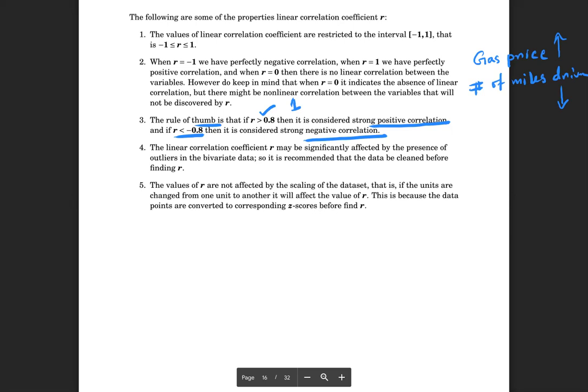On the other hand, if the gas price goes down, the number of miles you drive goes up. So these two variables are negatively correlated. That means an increase in one causes a decrease in the other, or vice versa, a decrease in one causes an increase in the other variable. So that's what it is.